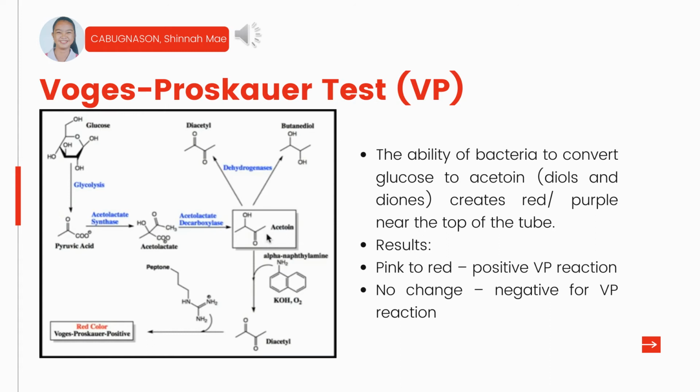And if it's red, that means that the bacteria are able to convert glucose into these neutral end products such as acetoin and diols and diones. And if we don't see the reddish or purple color change, that is a negative result, and so the bacteria do not have this ability.